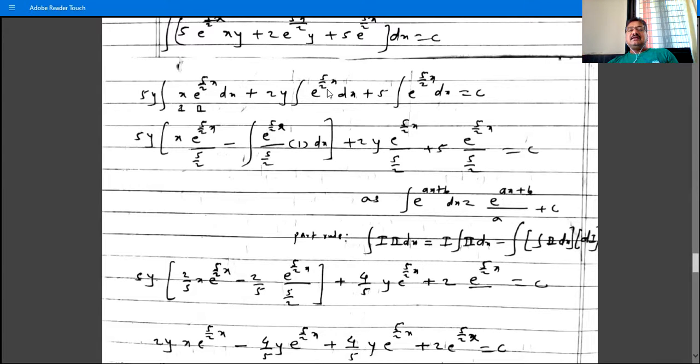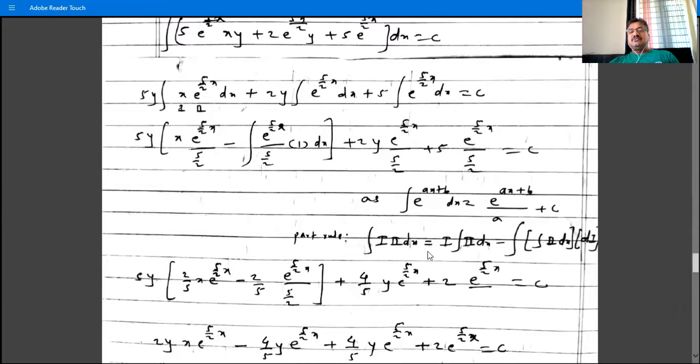And minus, again the integration by parts rule: minus the integration of the integral of the second, e raised to 5 by 2 x, whose integration is e raised to 5 by 2 x divided by 5 by 2, into the derivative of the first, that is 1, the derivative of x is 1, dx.